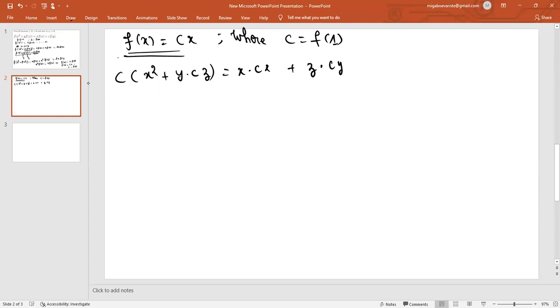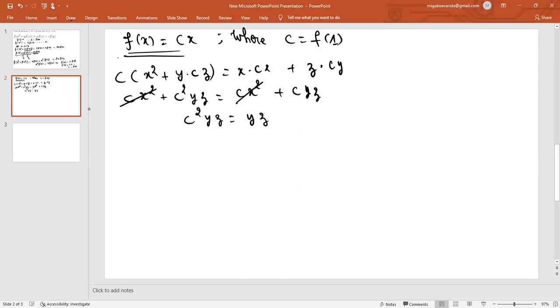Now, here we can multiply out the c, then we get c x squared plus c squared y z equals c x squared plus c y z. Now, this and this cancel out, and we have c squared y z equals c y z.